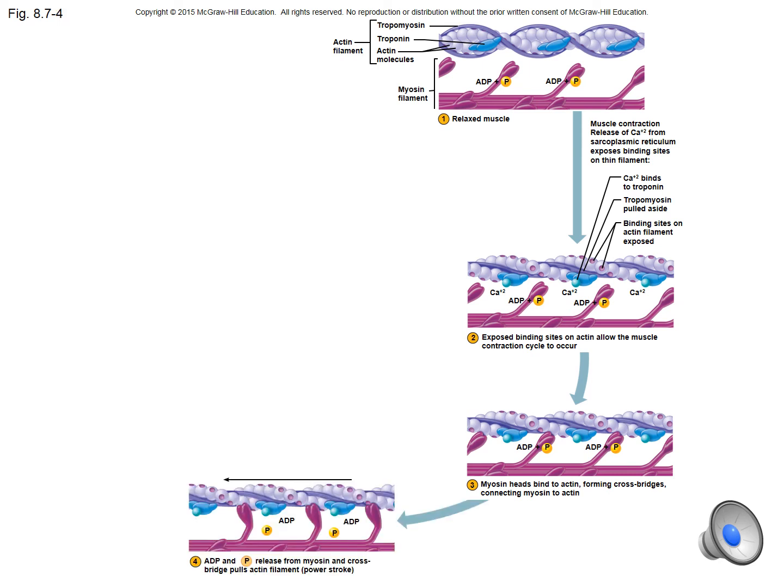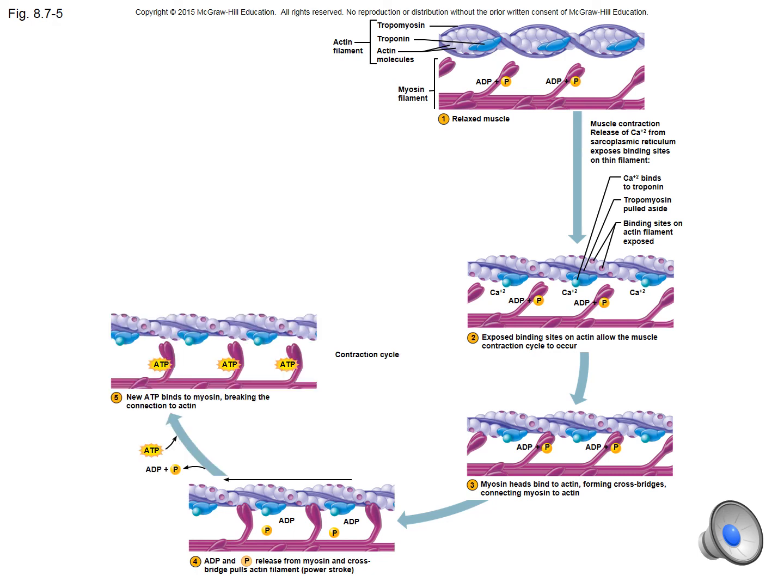So here, once the myosin head has formed a cross bridge with the actin filament, what's it going to do? It's going to pull that actin filament towards the M line, towards the center of the sarcomere. Now here is where new ATP is going to enter.